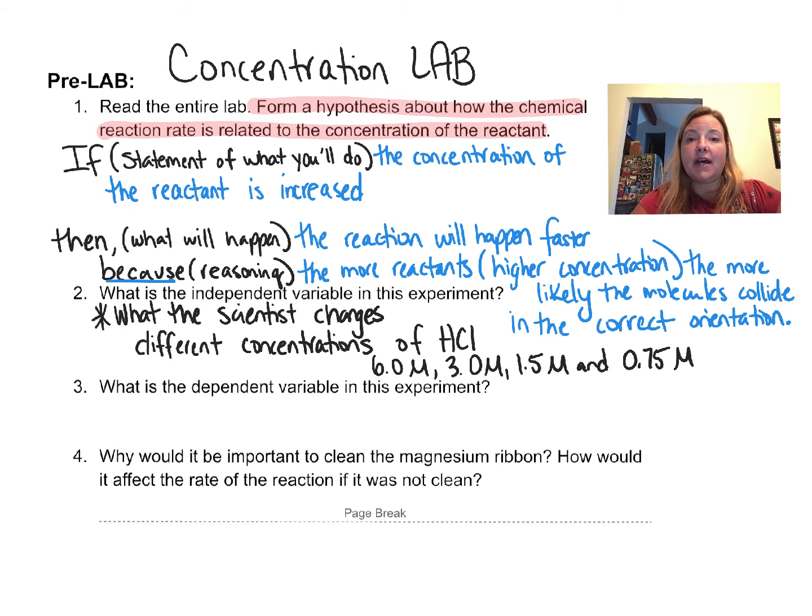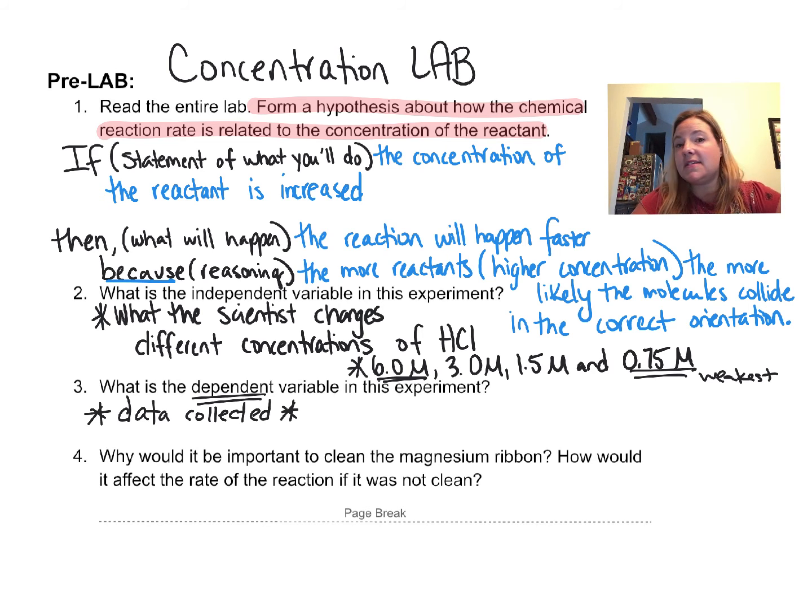Each of those different concentrations, the highest one being the strongest and the lowest one being the weakest concentration, that's your independent variable. The dependent variable for number 3, remember the dependent variable is the data that you collect. So with the dependent variable, we want to record what it is that we were recording for each of our labs. So the dependent variable is going to be the amount of time it took for the reaction to happen.